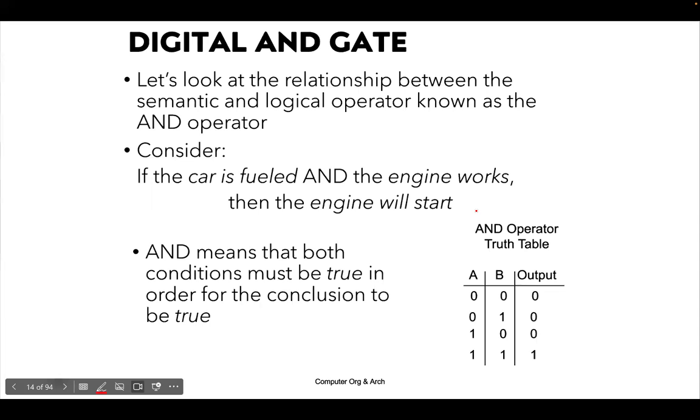Now let's look at this relationship between the semantic and the logic operator known as the AND operator. If the car is fueled and the engine starts working, then the engine will automatically start.